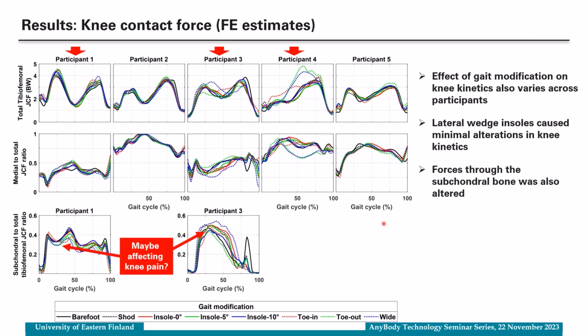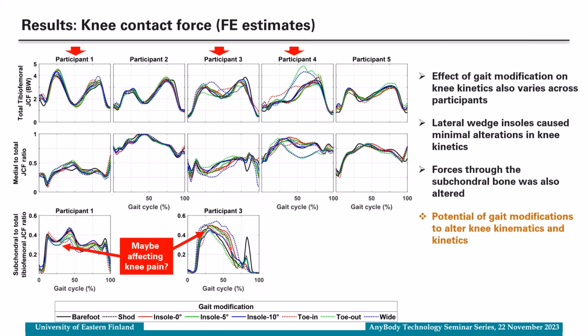And we also observed that these gait modifications could also affect the amount of the force going through the subchondral bone, which, due to the reason that we have nerves there, it seems that using these gait modifications might also help to alter the knee pain or decrease the knee pain due to decreasing the amount of the force or contact, let's say, to these regions with the total cartilage loss.